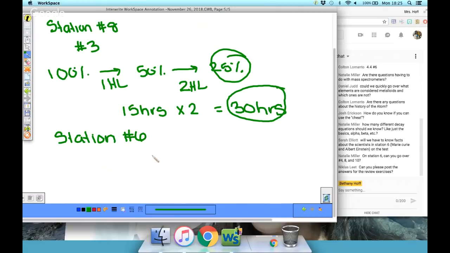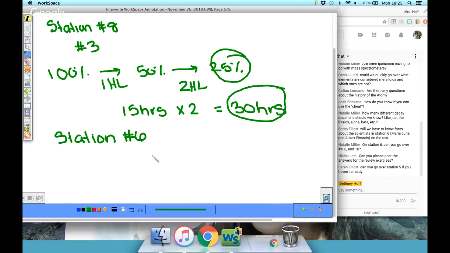Number 4, what has higher energy than X-rays? The highest energy one is going to be gamma. Alpha and beta are lower in energy. So number 4 is going to be gamma.